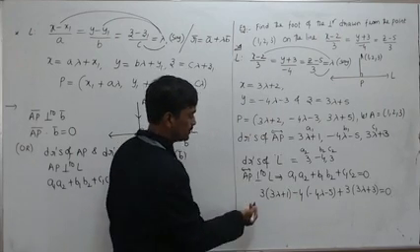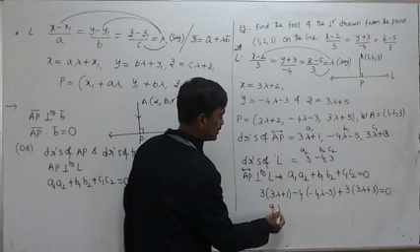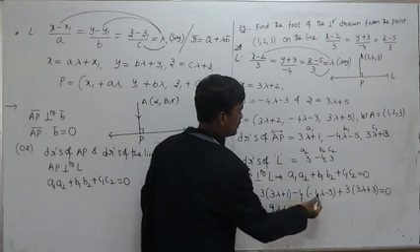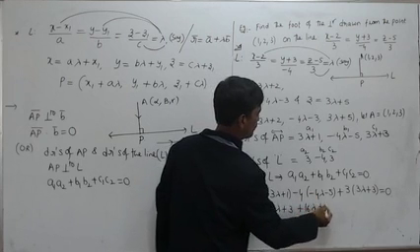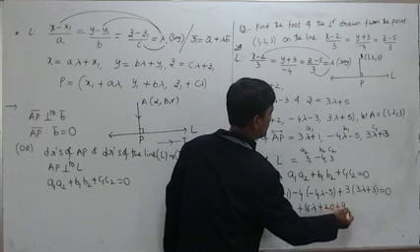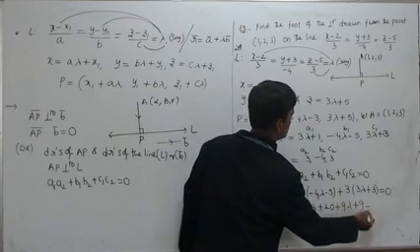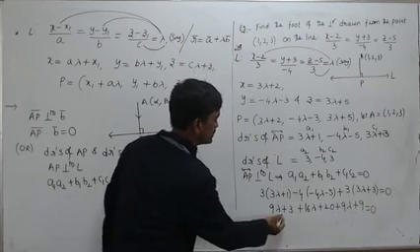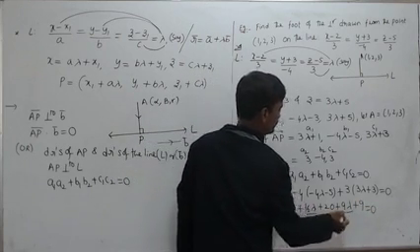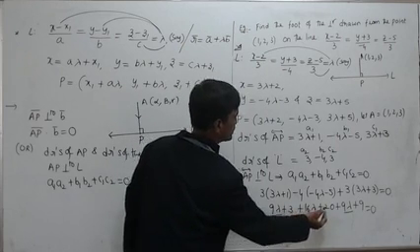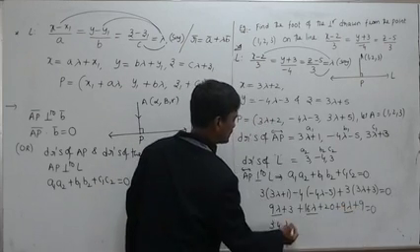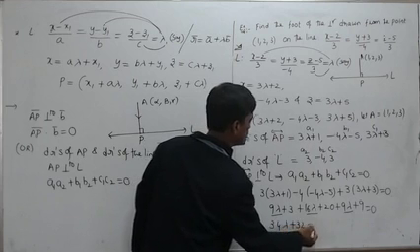So simplify: 3 into 3 lambda, 9 lambda; 3 into 1, 3; minus 4 into minus 4 lambda, 16 lambda, plus 20, plus 9 lambda, plus 9 is equal to 0. So 9 plus 16, 25, 25 plus 9, 34 lambda; 3 plus 20, 23, 23 plus 9 is 32, equal to 0.